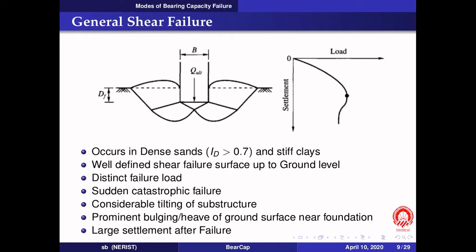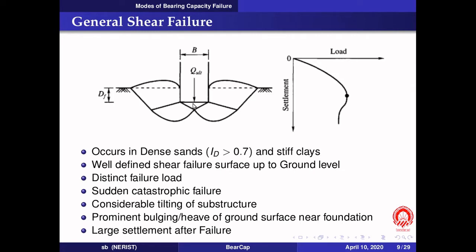Now in general shear failure, what happens is it occurs in dense sands or stiff clays, and we have some well-defined failure surfaces that extend up to the ground level. So when we push the foundation, there is a wedge of soil that behaves as a part of the foundation itself, which is called the elastic zone.